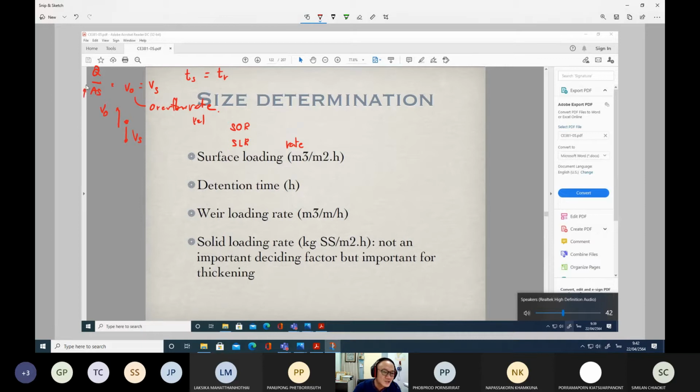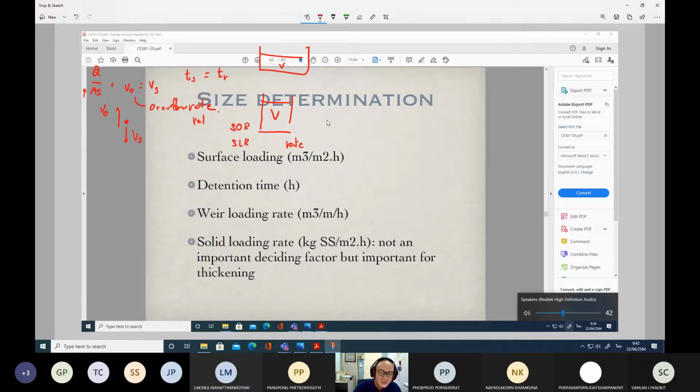If we enlarge the surface area, the overflow velocity or overflow rate tends to decrease. I gave you two examples: the tank with the larger surface area like this, and the same tank having the same volume, but with a smaller surface area like this.